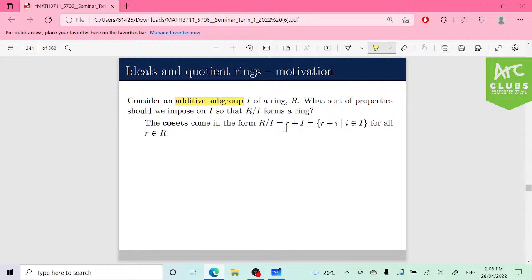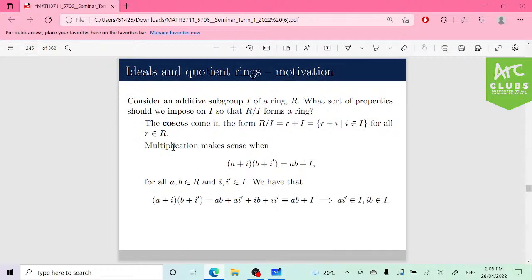This has to hold for every representative R, where R is a representative for our ring. What we're looking at is what happens when you take R plus the entire subgroup itself, so this is the set where you take R plus i for i in the ideal, or in the subgroup I.